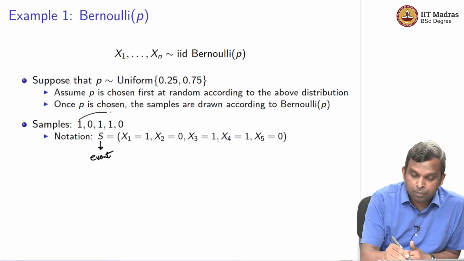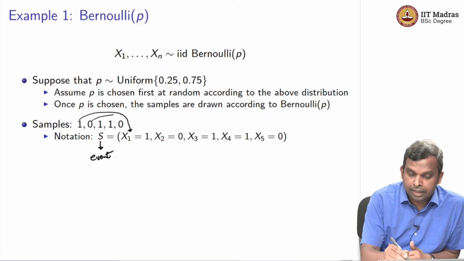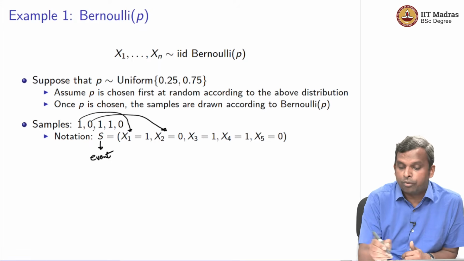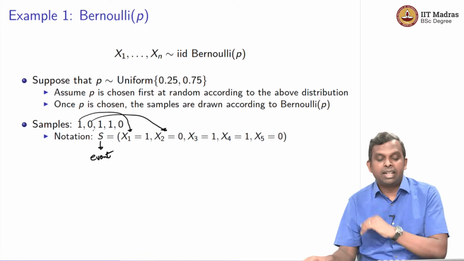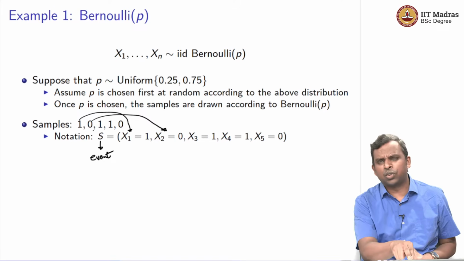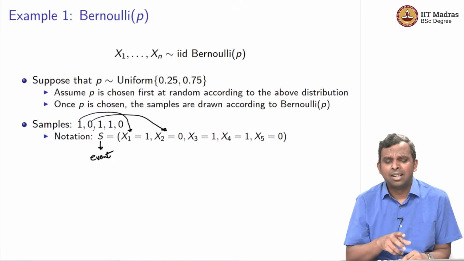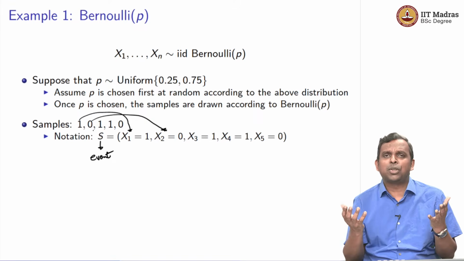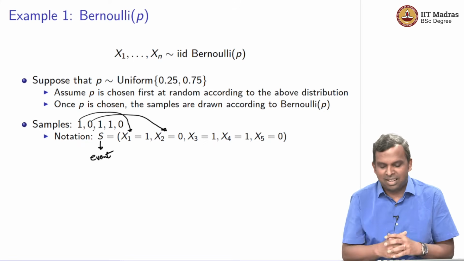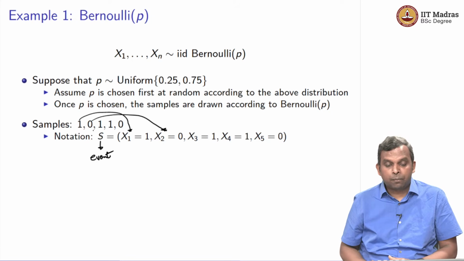This is the first sample, this is the second sample. So I got 5 samples and I wrote out that event in some detail. This notation is useful for us. Remember, S is basically the event that you observed these samples.